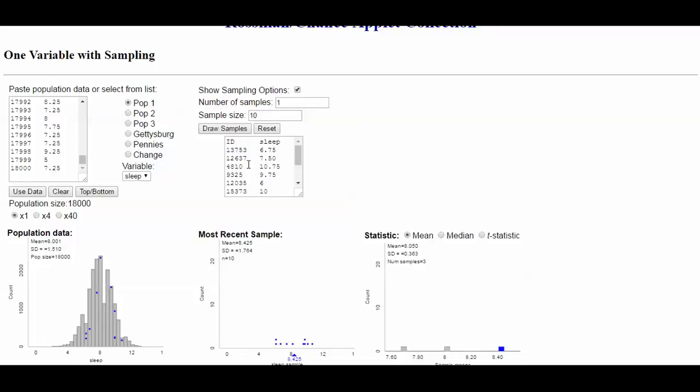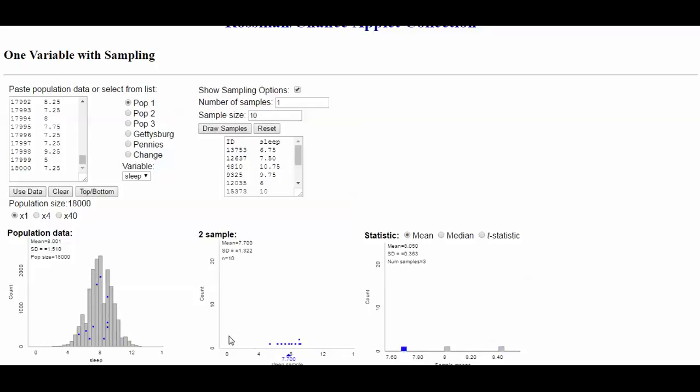So each time it takes a new sample from the population and calculates the sample mean, it plots that new sample mean on this graph right here. Each sample mean that's calculated is shown as a block. So this was the mean of sample 1, this was the mean of sample 2, and this was the mean of sample 3.